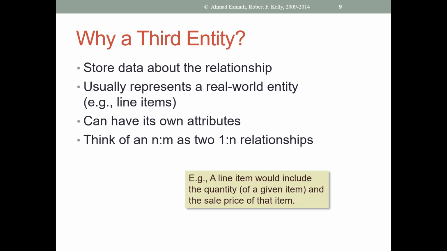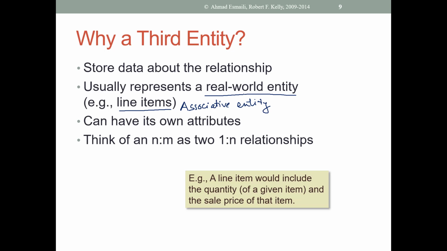We'll just look at that, and it will make a lot of sense to us that this third entity which gets into the picture when we want to model a many-to-many relationship usually corresponds to a real world entity. Okay, so here we have line items as our associative entity, and that really represents a real world entity.